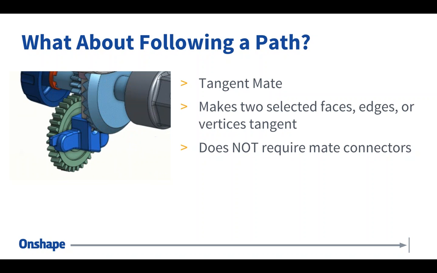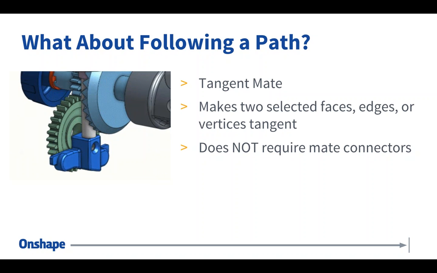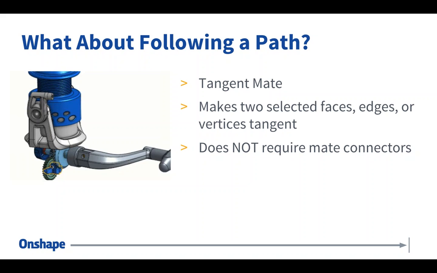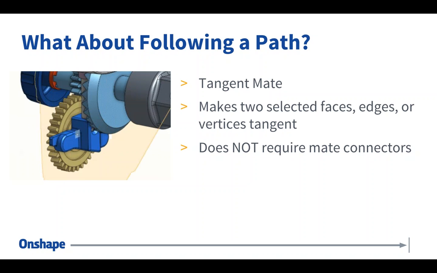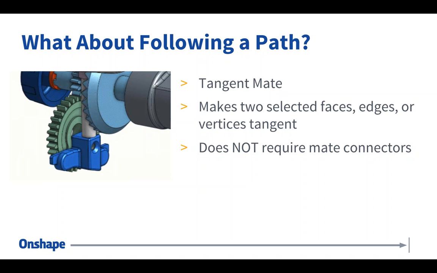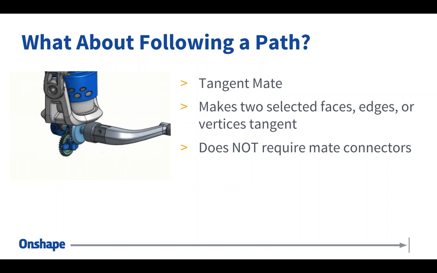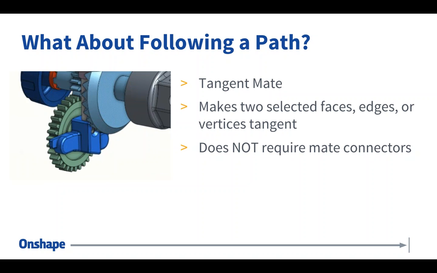If you're trying to drive a part along a path, that's the mate that you're looking for. Now, as I mentioned before, you're not using mate connectors. You're using two selected faces, two selected edges or vertices, and it makes them tangent.